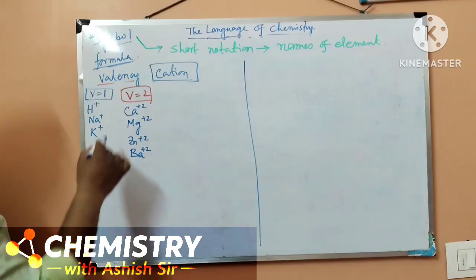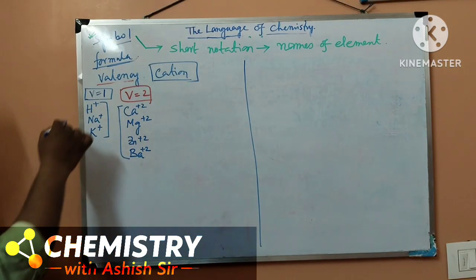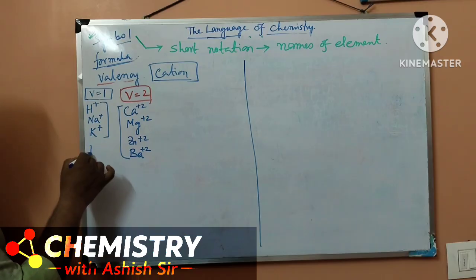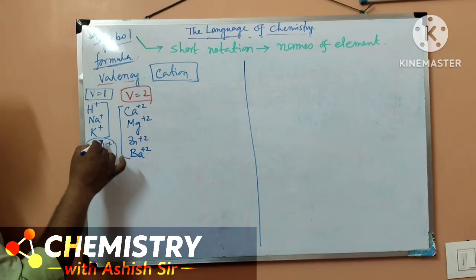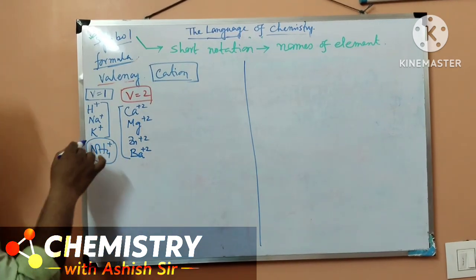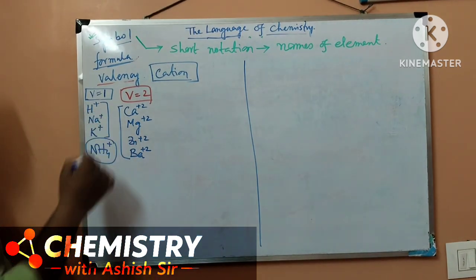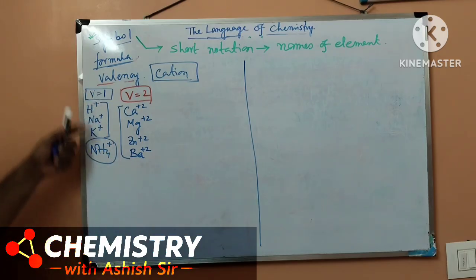These are the common elements having valency 2. One more is there, NH4 plus, ammonium. Now see, there is one positive charge carrying it, so it is a radical. Valency is 1, all of them.